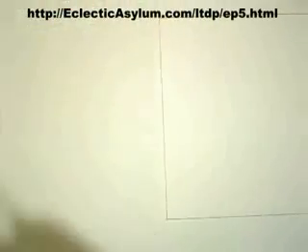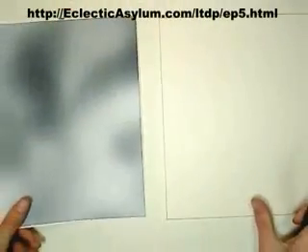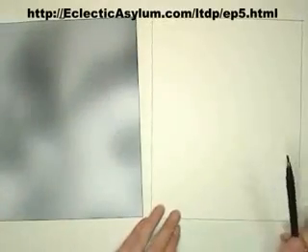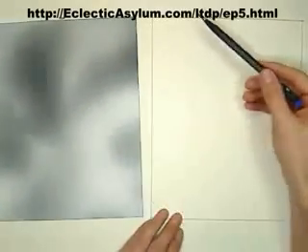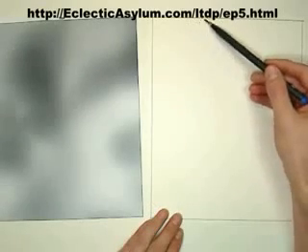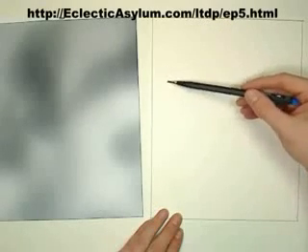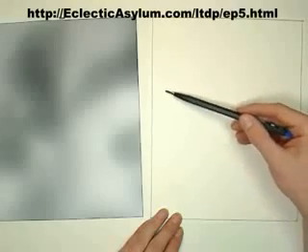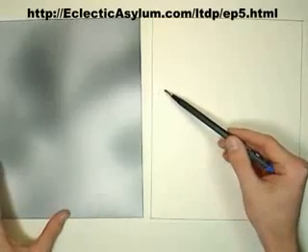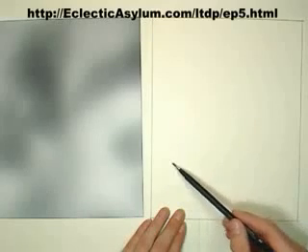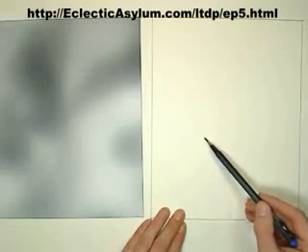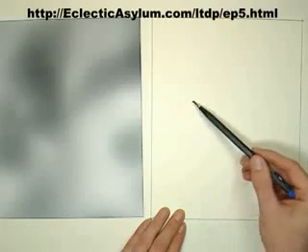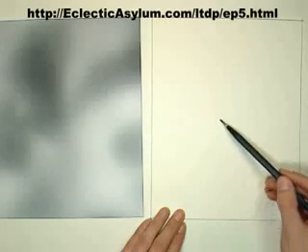So everything inside of here is either 5 or darker. Now I'm just going to set this aside. The reason we're getting a rough value here is that we want to start out lighter. So we can either just sketch in this shape, or you could just start shading it in.